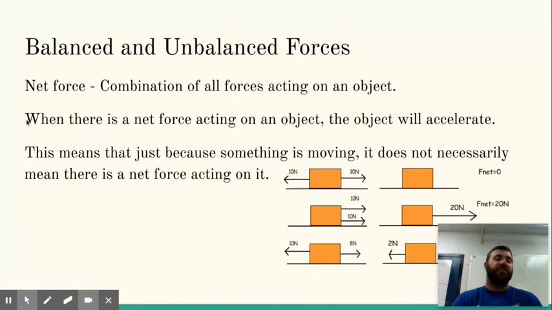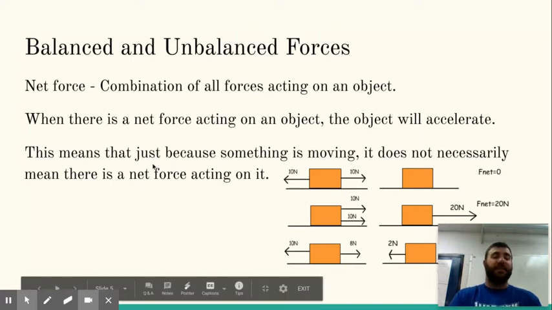Okay, but this line right here: when there is a net force acting on an object, the object will accelerate in the direction of that net force. We know what accelerate means, right? It's changing velocity. So basically what this means is if there's a net force acting on an object, it will change its velocity. That might mean its velocity is zero, a net force acts on it, and then it moves.